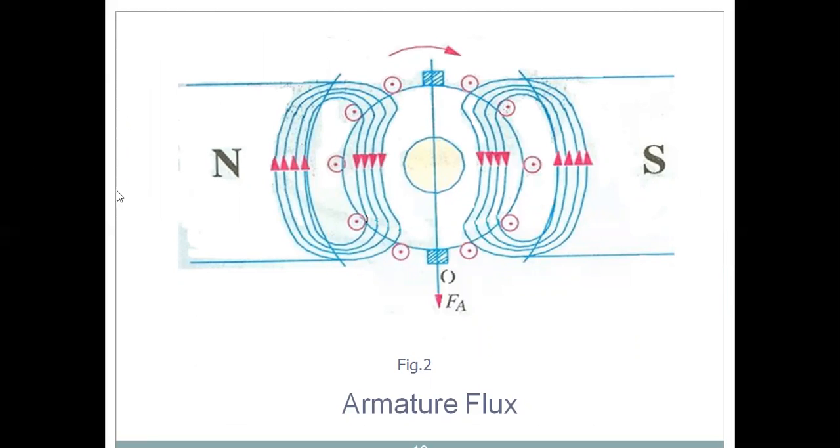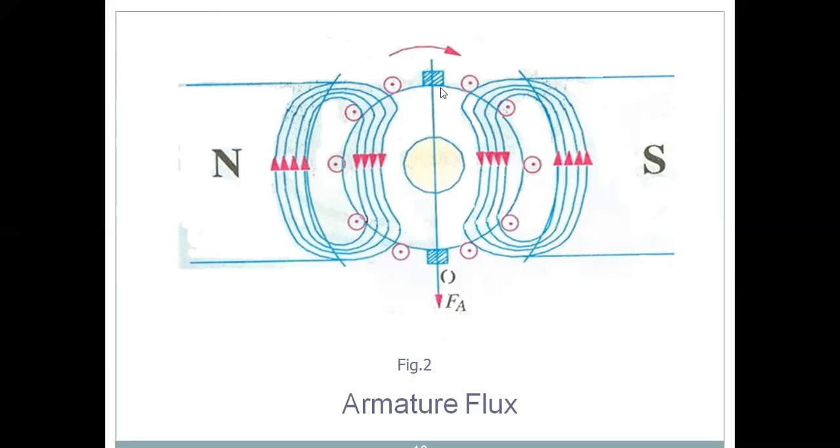Then armature flux. Previously, only the main magnetic field. Now armature flux. Sorry, in this picture all are shown by dots. That is not correct. I already said if one side of the brush has a cross type of current direction, then the other side of the brush is dots.